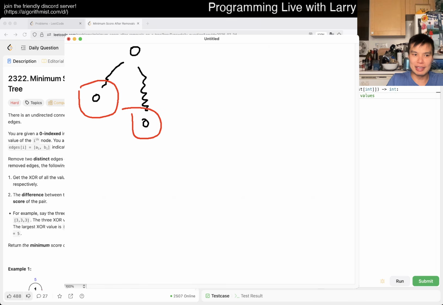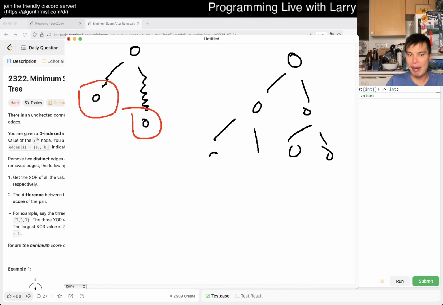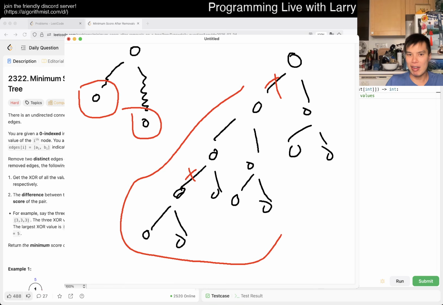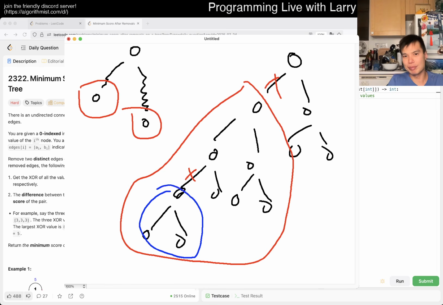And the other case, of course, is if one is the subtree of the other. Something like that. And then you want to say this subtree, this subtree, and maybe this subtree, right? So you have this, and also in another color, this.